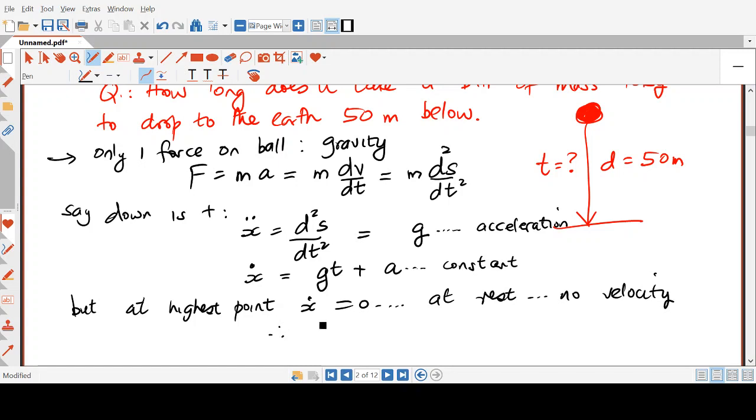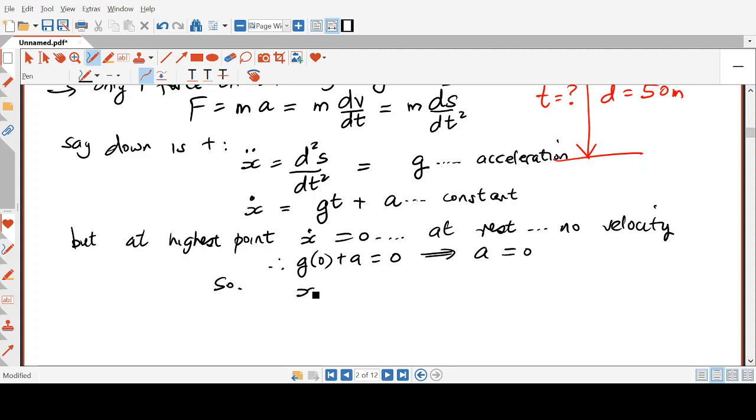Therefore, if you put t equals 0 here, you get g times 0 plus a equals 0. This implies that a is 0. So the model simplifies and becomes x dot equals gt, because we know that at the highest point there is no velocity, the body is at rest. So this constant of integration a is 0. That's the only option that you have.